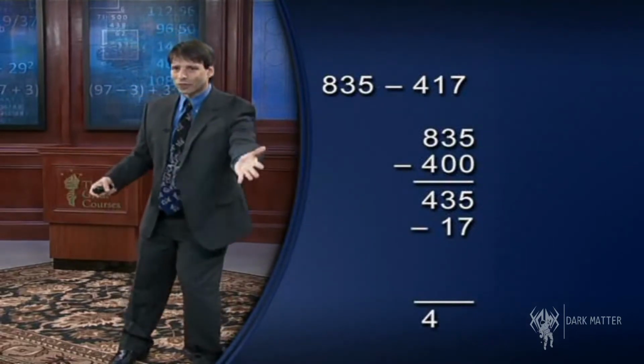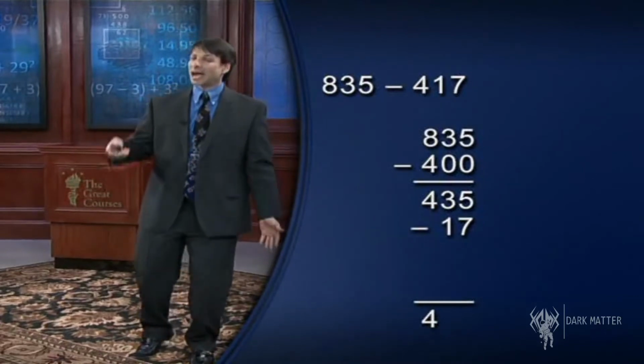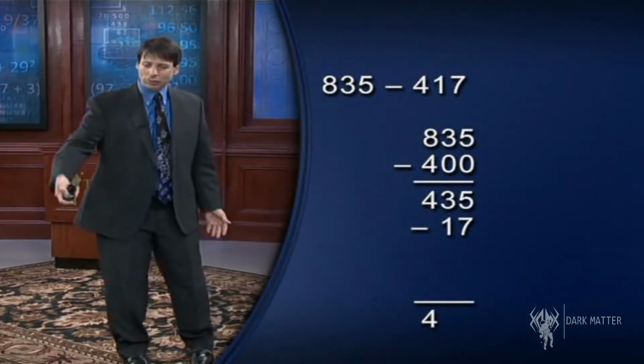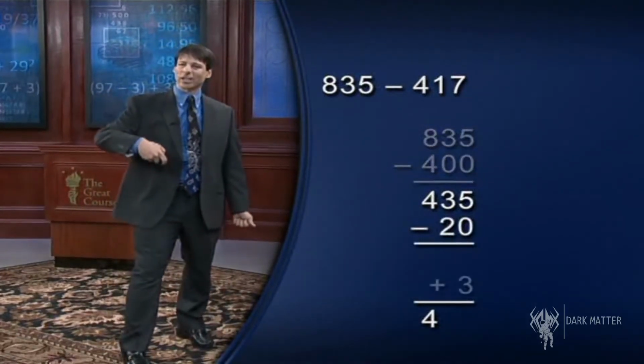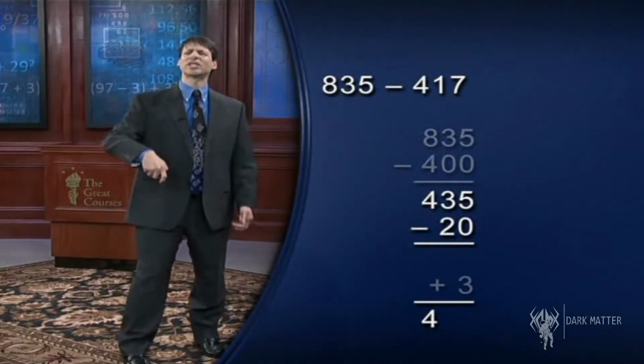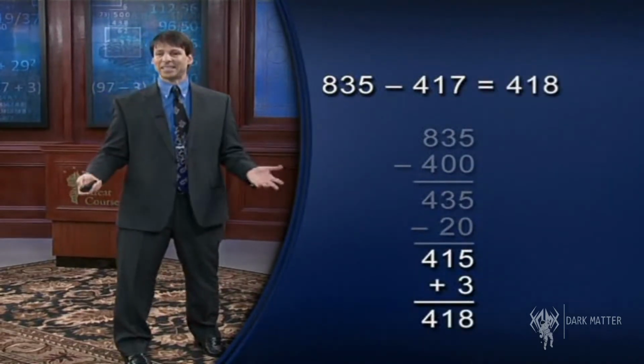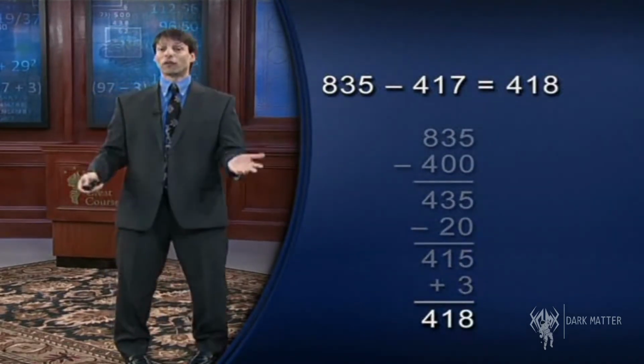Say it, 400. Now we'll do 35 minus 17. How do we do that? Well, we'll subtract 17 by subtracting 20 and adding back 3. 35 minus 20 is 15. When you add back 3, you have 18, and there's your answer, 418.